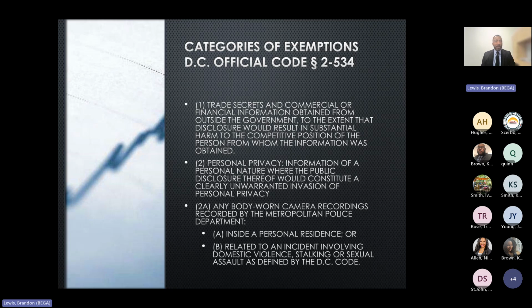I won't read all of them here, but for instance, trade secrets, commercial or financial information; Exemption 2, personal privacy, information of a personal nature where the public disclosure thereof would constitute a clearly unwarranted invasion of personal privacy; body-worn camera recordings recorded by the Metropolitan Police Department that are inside of a personal residence or related to an incident involving domestic violence, stalking, or sexual assault as defined by DC Code.